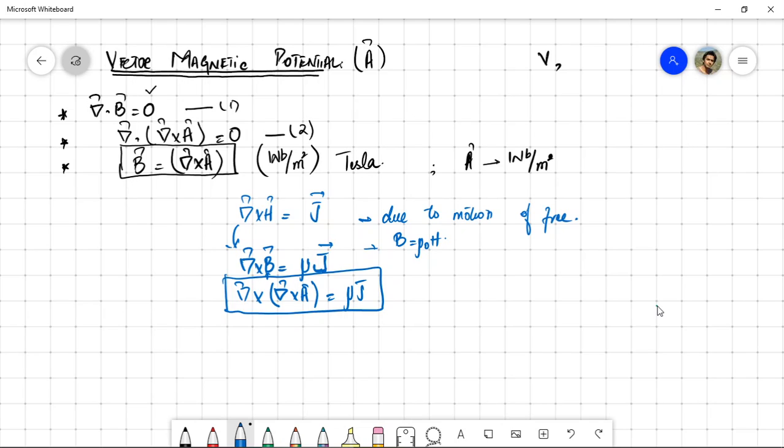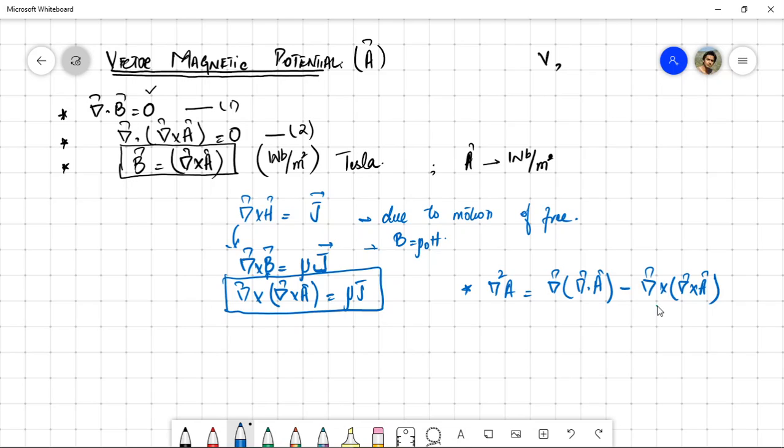So in order to simplify it a little bit more, he is referring to another property that we studied in chapter number 3. According to that property, nabla square A was equal to nabla into nabla dot A minus nabla cross nabla cross A. If we take a look at this property, we can see that we can simplify this expression a little bit.